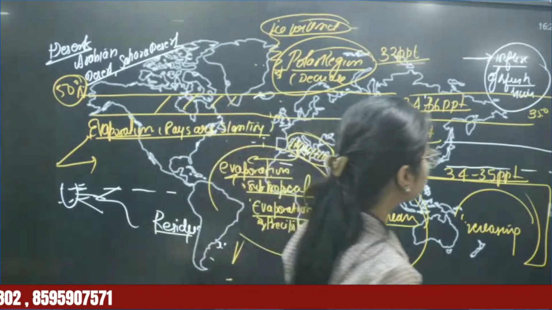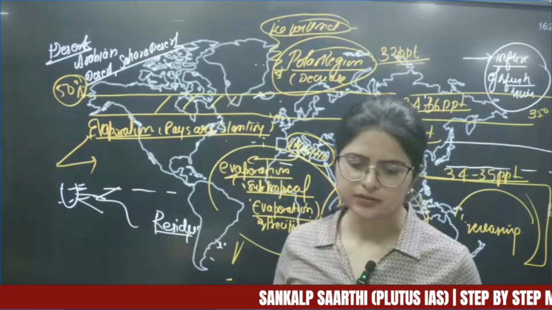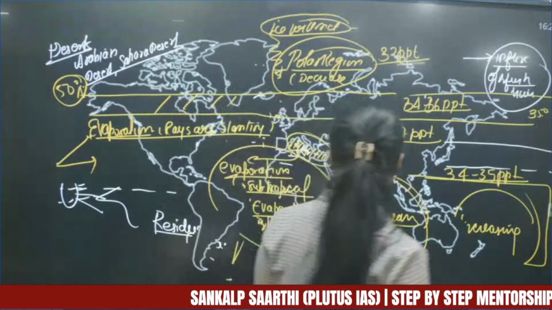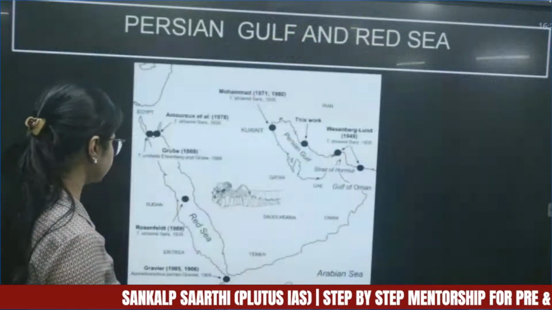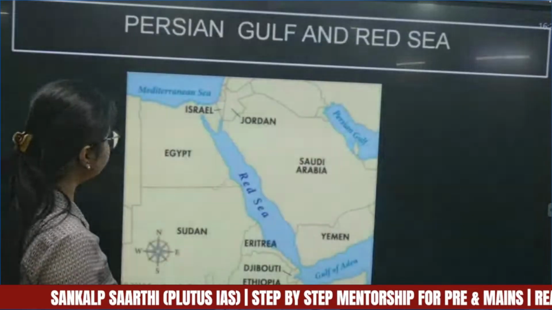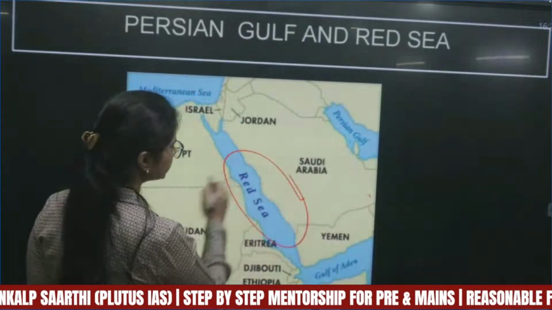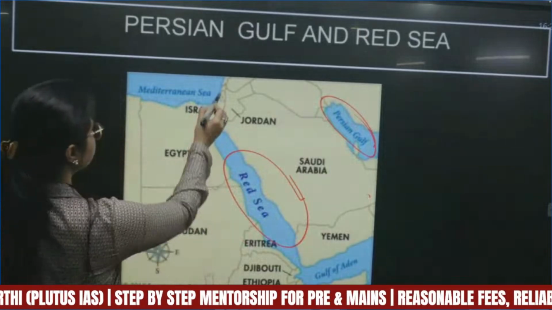Now we have to come towards the regional variations in the salinity. When I talk about the regional variations in the salinity, I might take different regions, water bodies of the areas, right? For example, I might take Red Sea, Persian Gulf, right? Then Mediterranean Sea.